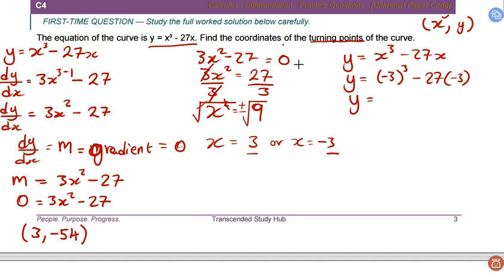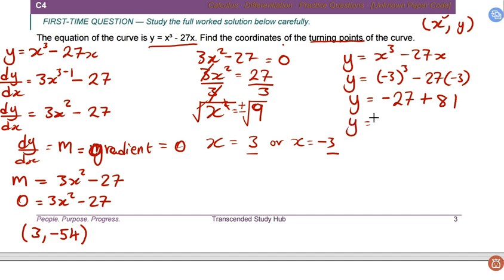When you say 3 to the power 3, we are getting 27, and the negative multiplied by itself 3 times will be just negative. So it will be negative 27. Negative times negative is positive. 27 times 3, what are you getting? You are getting 81.